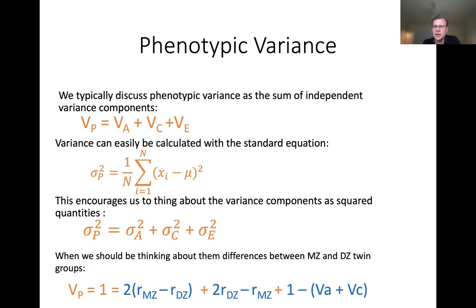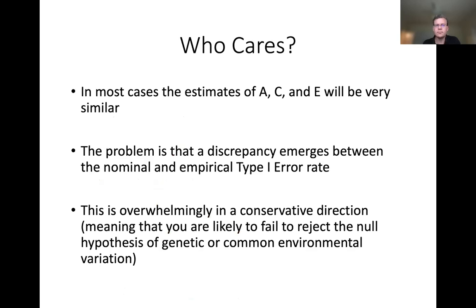And once we start thinking about twin correlations and differences between twin correlations, and stop thinking about phenotypic variance as a squared quantity, it really starts to change how we think about modeling twin methods.